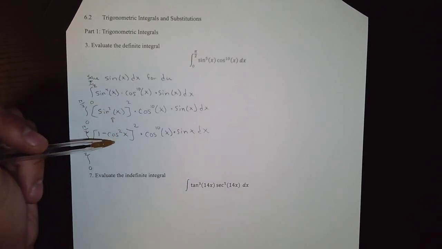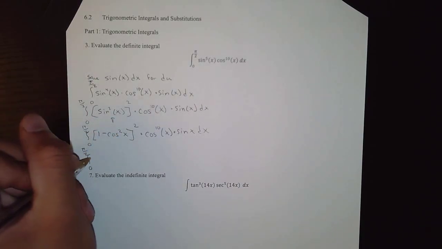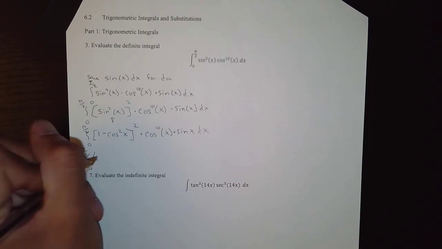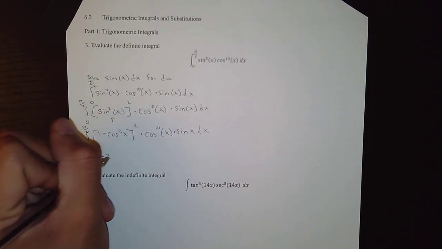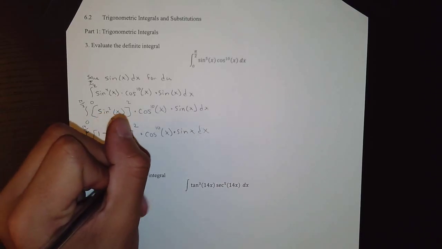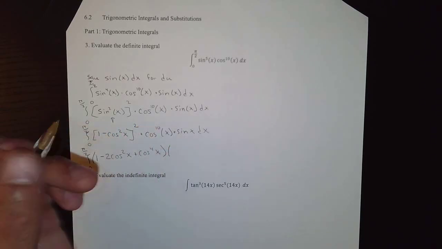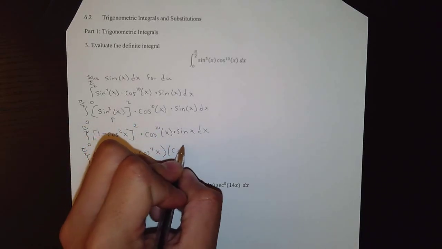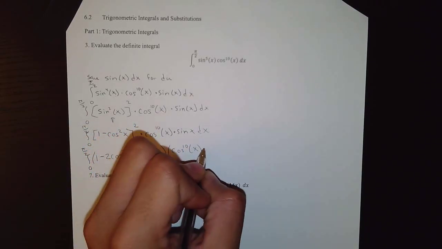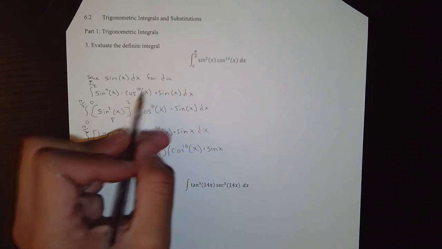And so now we square this. So this would end up becoming 1 minus 2 cosine squared x plus cosine to the 4th power of x. And all of this is still multiplied by cosine to the 10th power of x. And we bring along our du.